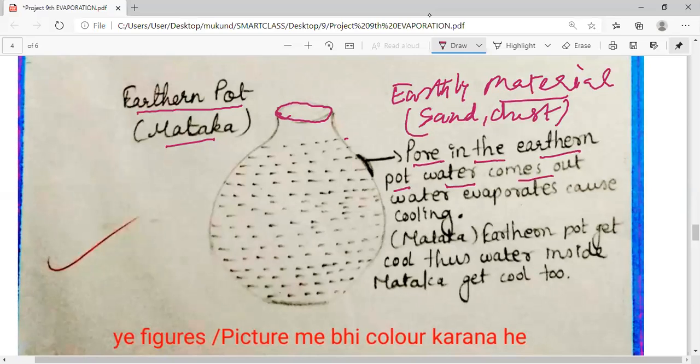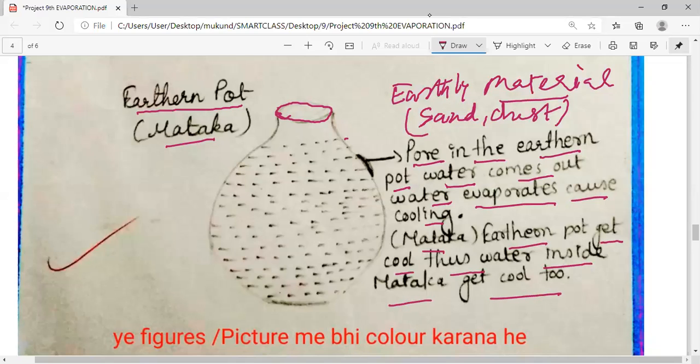Water comes out from inside the matka, or inside the earthen pot, and this water evaporates. As my dear students, we are well aware that evaporation causes cooling. So for evaporation, the energy is taken from the water inside the matka, and thus the water inside the earthen pot becomes cool. The matka or earthen pot gets cool, and thus the water inside the matka gets cool.